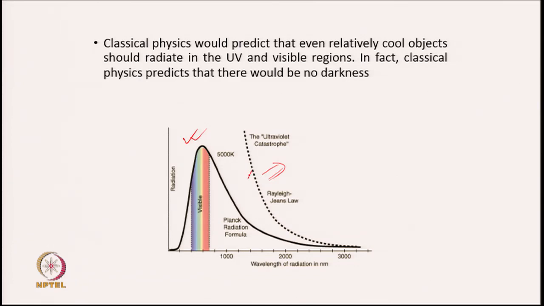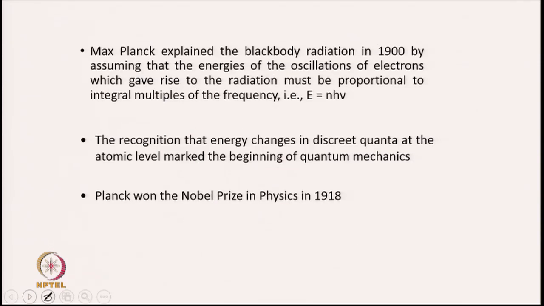This difference is known as the ultraviolet catastrophe. The difference between the experimental curve and the curve obtained from classical physics was explained by Max Planck.